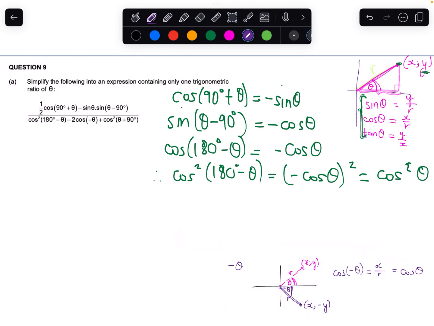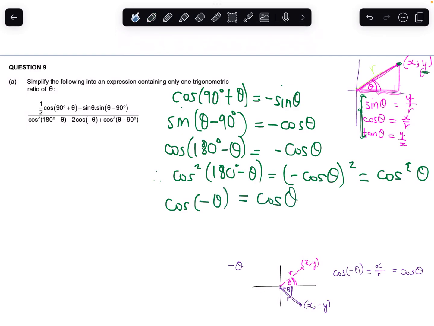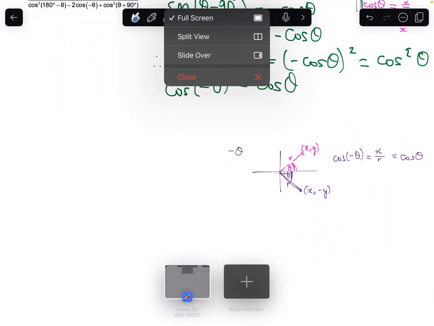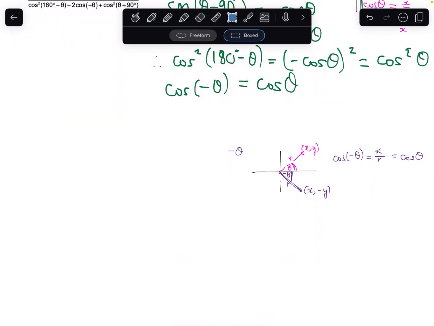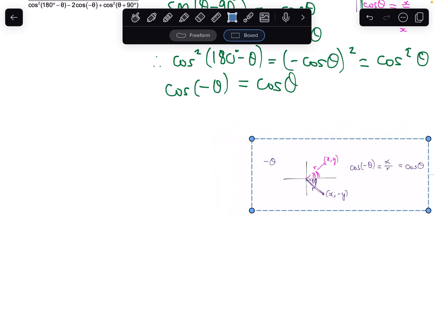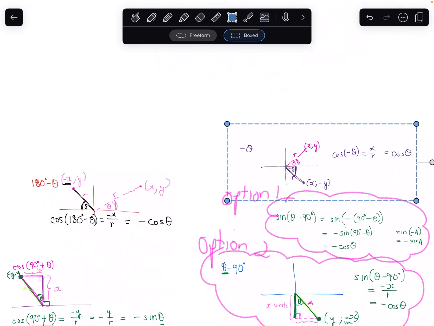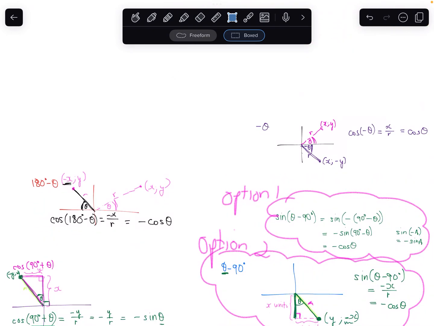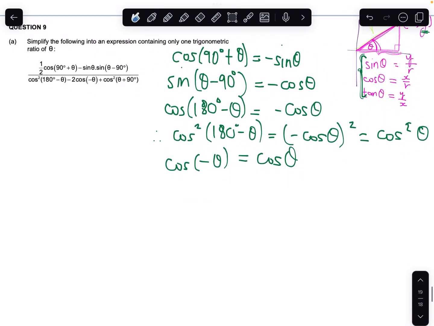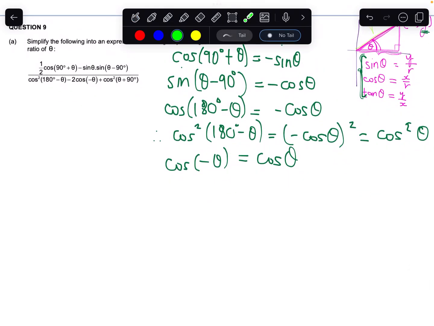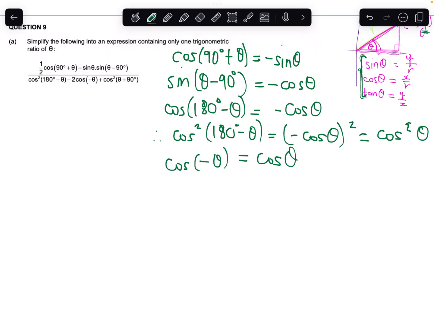So we have cos of negative theta is the same as cos theta. Oops. Well, I need to shrink it that much more. Okay, and then I think we just have one left. Okay, last one is this one, cos of theta plus 90.